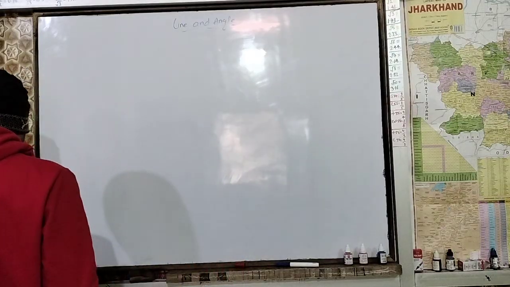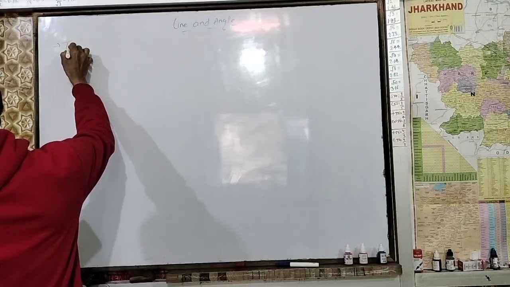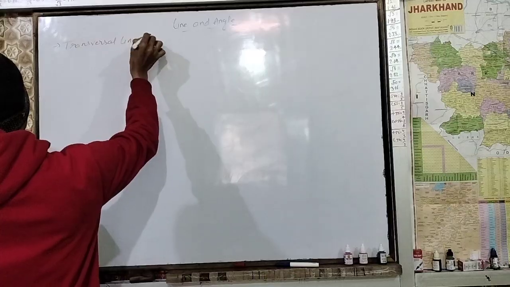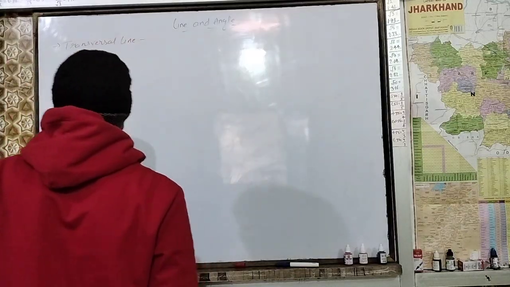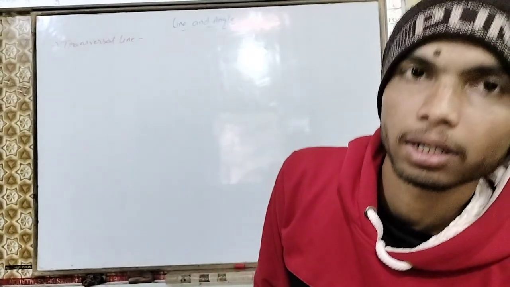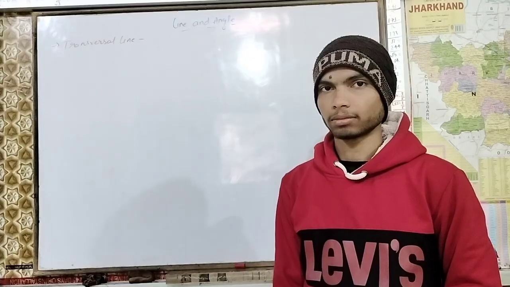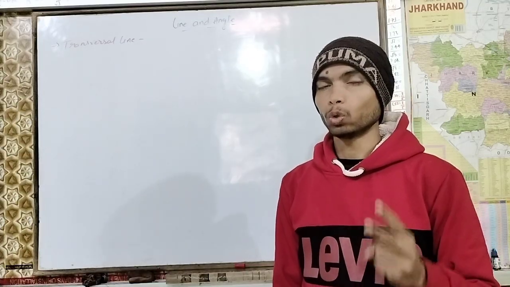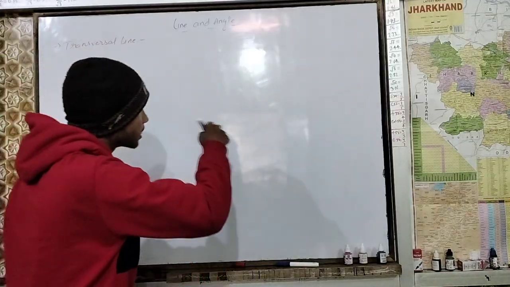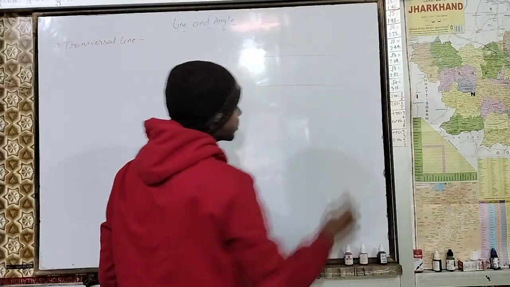The next word is transversal line. It is also a line, but the work of this line will be to cut two or more lines. Let's say we have two lines like this, like this.